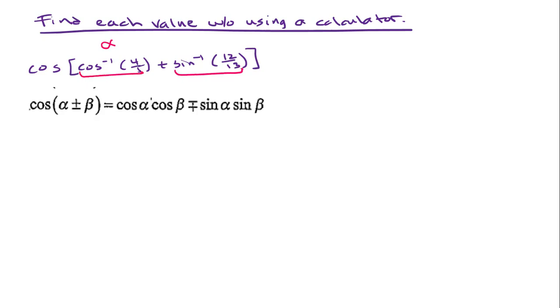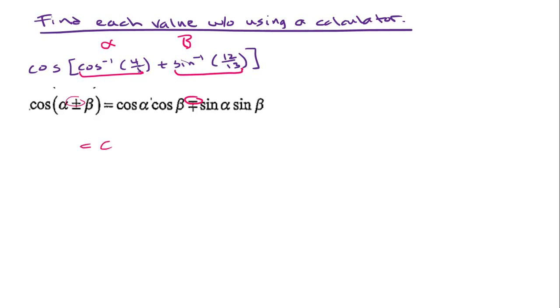Okay. And then we're just going to follow this formula. So again, since we have a positive, we're going to use the top symbol there, or the minus sign in this case.